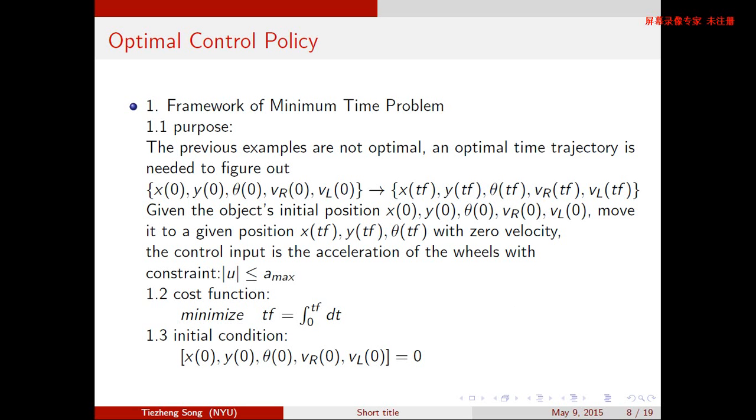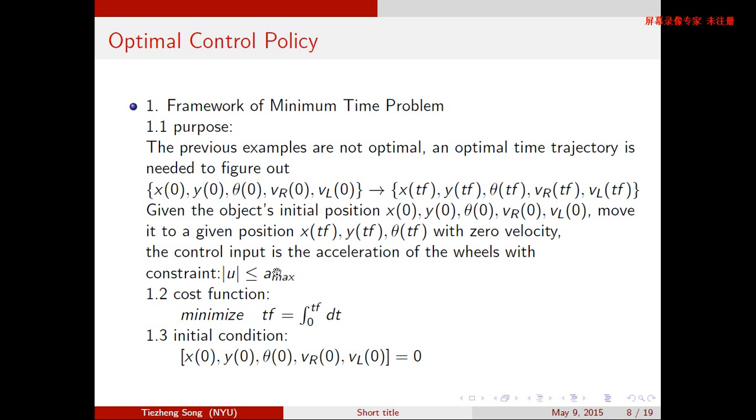So now the purpose turns into this: given the initial position x0 and y0 and initial orientation theta 0, move this machine to a final position xtf and ytf and theta tf with 0 velocities.